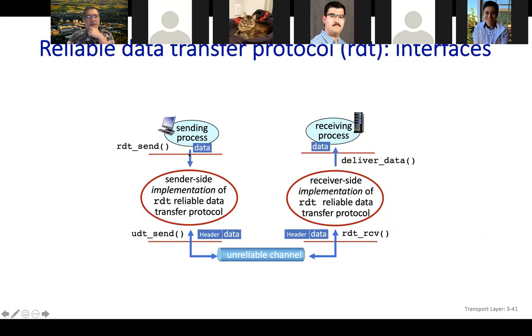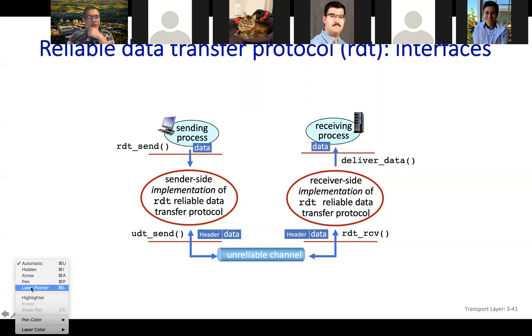So here, from the sender side, you have the reliable data transfer protocol, send. It sends the data and passes it as a packet to the UDT. UDT is the unreliable data transfer protocol, right? This is the unreliable channel we just mentioned.